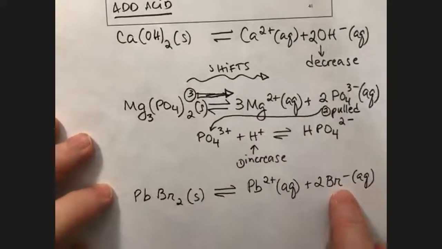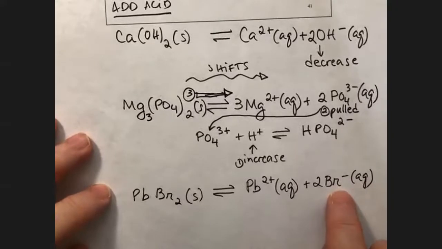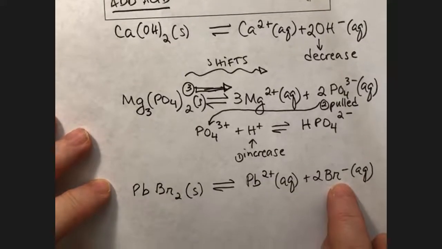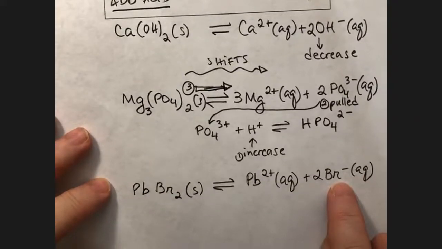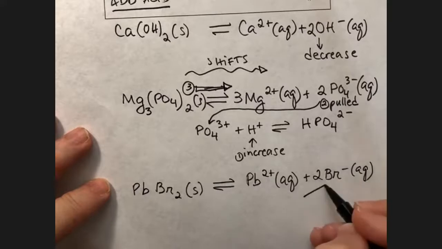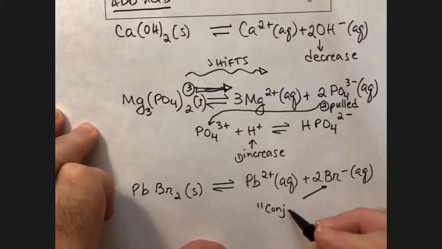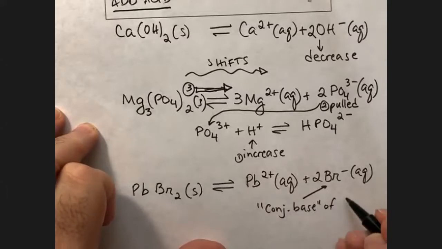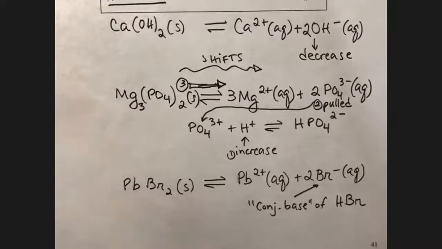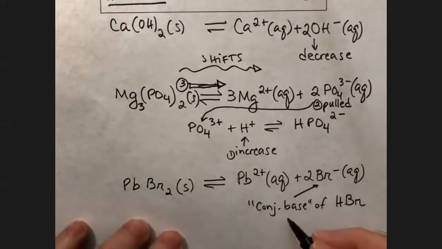So bromide is negatively charged, so it would be the conjugate base of what? Again, add an H to it. That's right, hydrobromic acid. Strong acid.